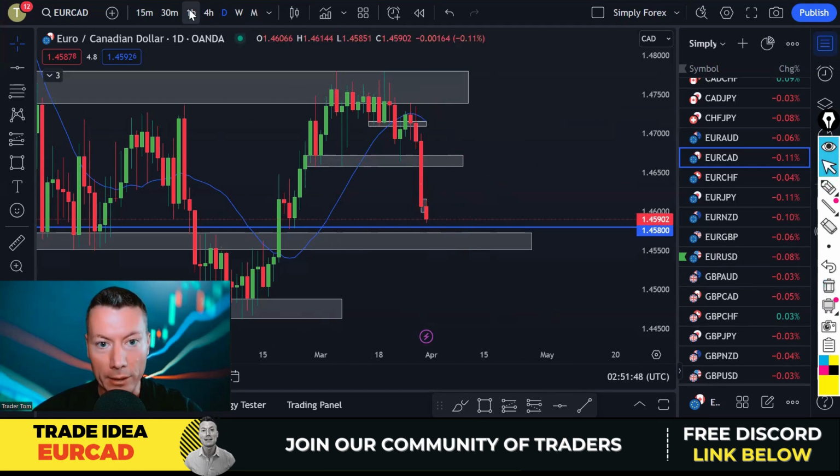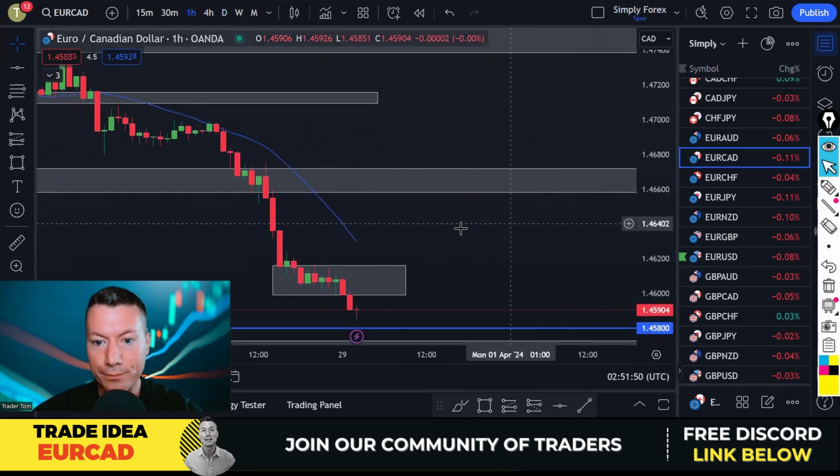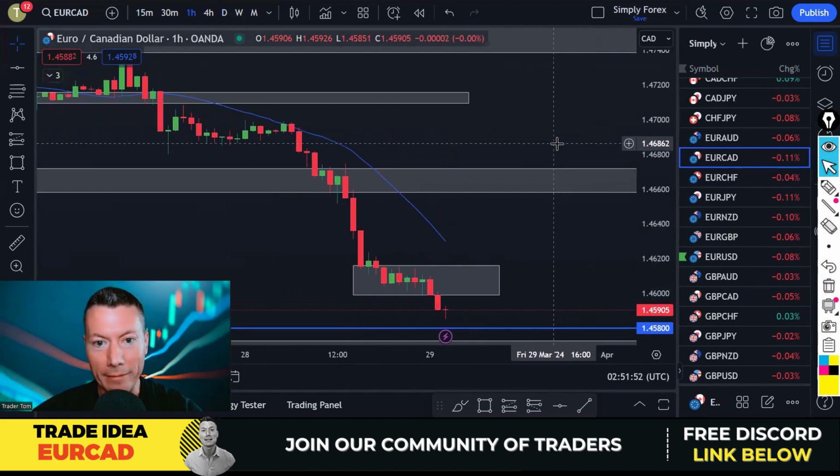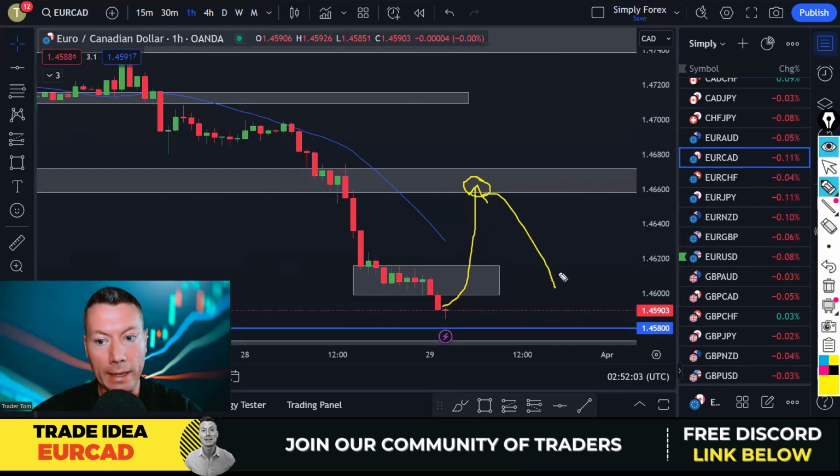So bearing that in mind, guys, if we drop down to the H1, and also bearing in mind the strength of that daily candle, when we have such a bearish candle, I don't expect the market to retrace up to here and then come back down. If it does, we can still trade from this level, but I don't expect that. So I've entered a grey zone here, and this is really where I want to be with H1 structure.